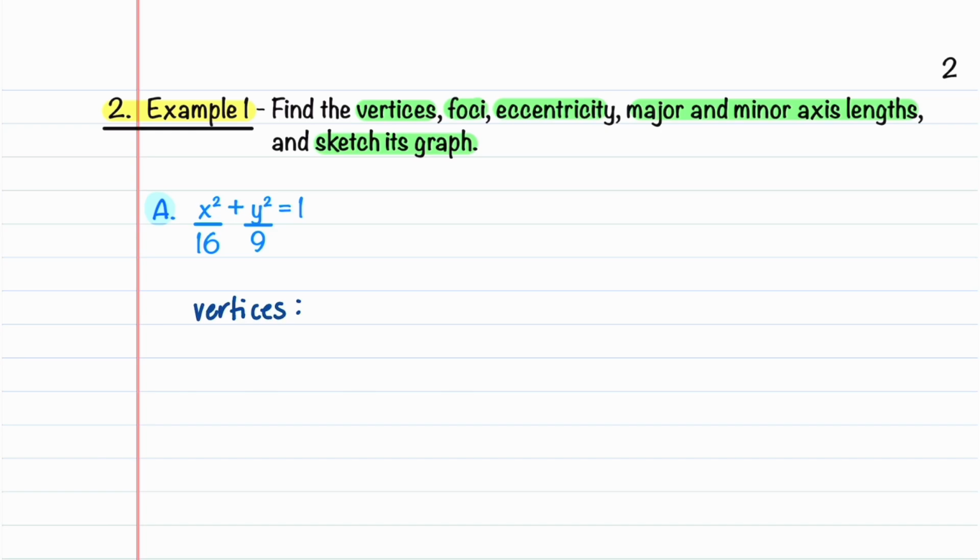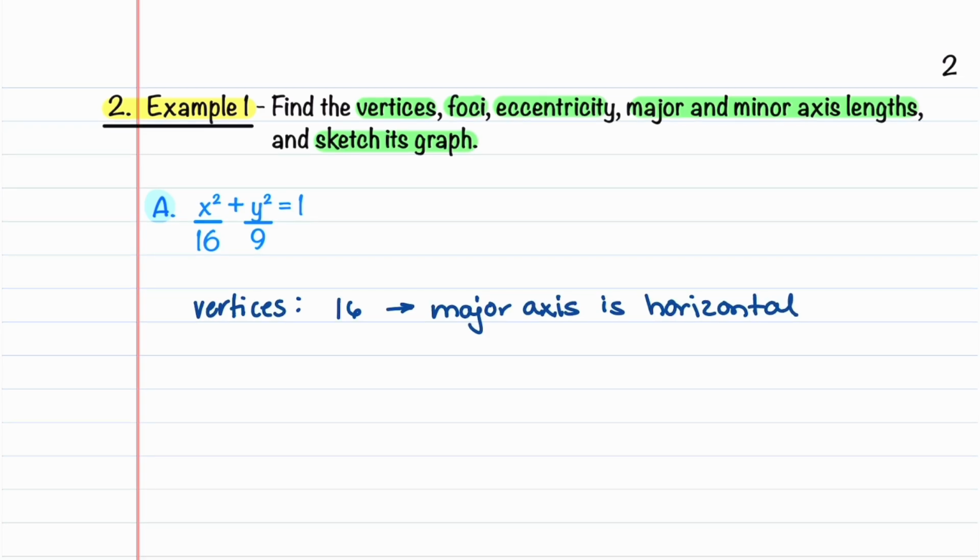In this equation, the bigger number 16 is under the x squared, so that tells us that our major axis is horizontal. Because our major axis is horizontal, our vertices are going to lie to the right and left of the center of the ellipse.